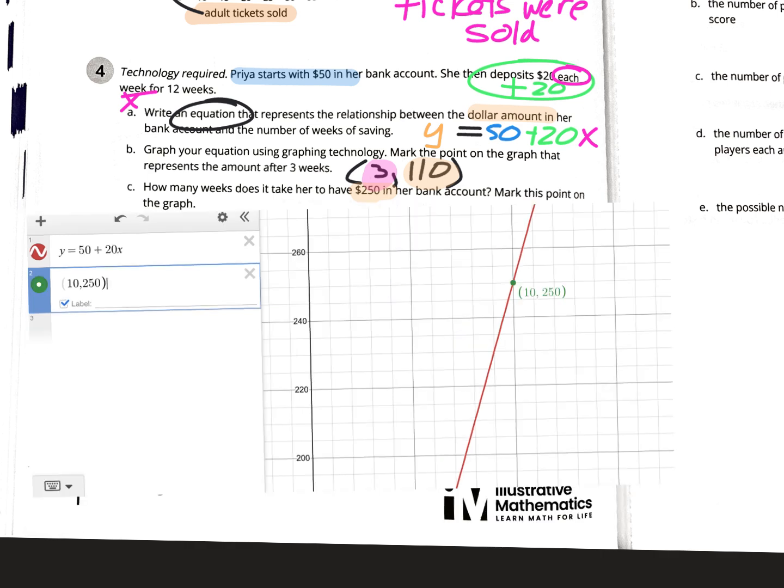And so on my graph, my Y value was 250, which matched up with 10 for my X value. So that means that the point is (10, 250).